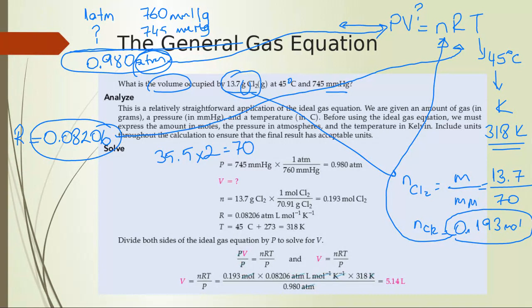And the last one, you will find the volume of chlorine, 5.14 liters, like that. You only have some conversion and then put the ideal gas formula and calculate that.